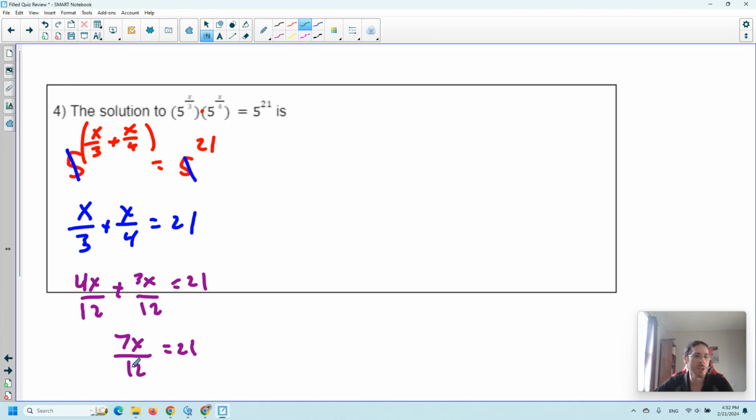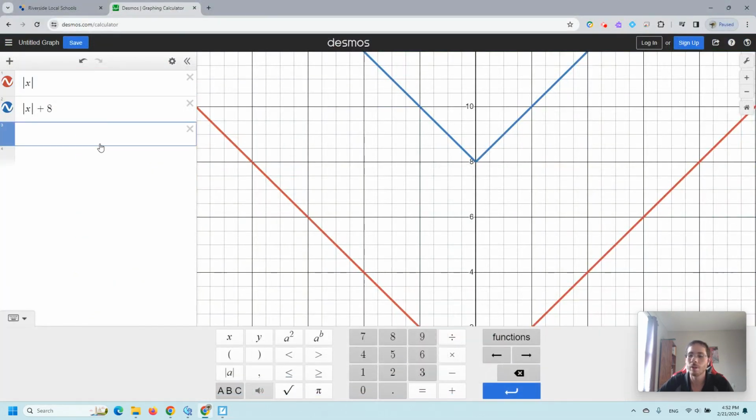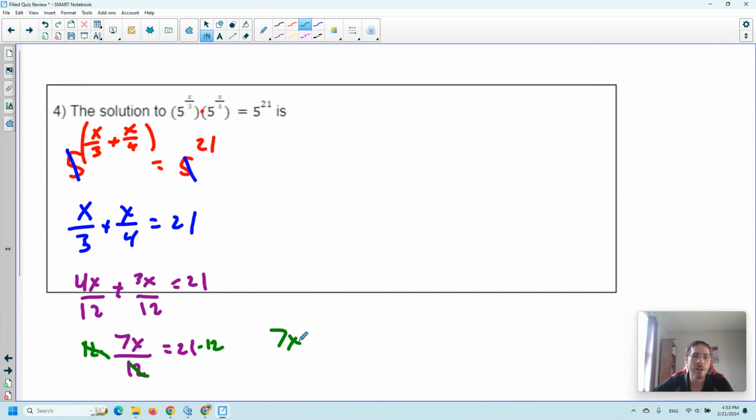To solve it, we have to get rid of the bottom of the fraction, so we could do that with multiplying. So there we go. And again, we probably could multiply this one out in our heads, because you can do 20 times 12 and then add another 12. But if you want to see it in the calculator, 21 times 12, 252. So we get 7x equals 252.